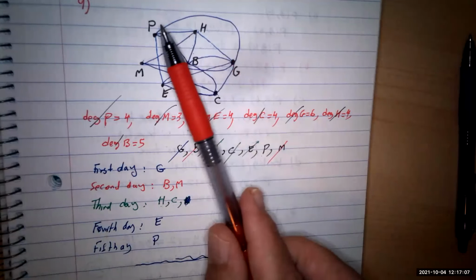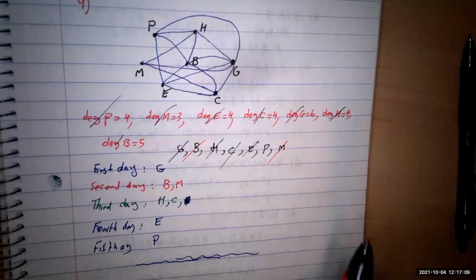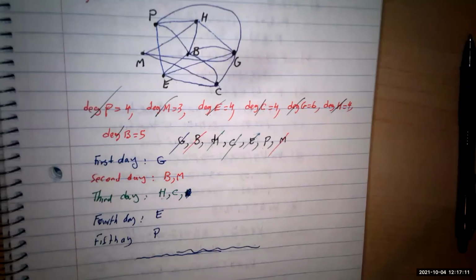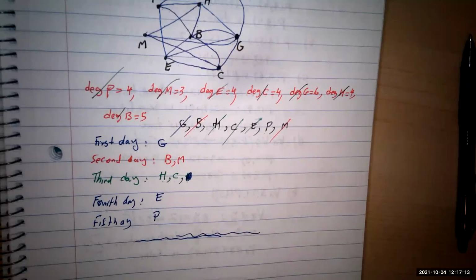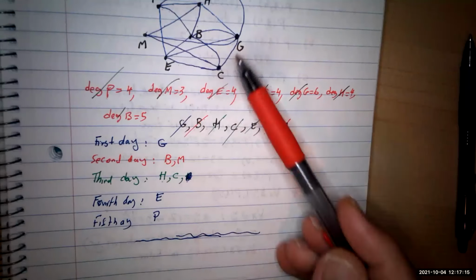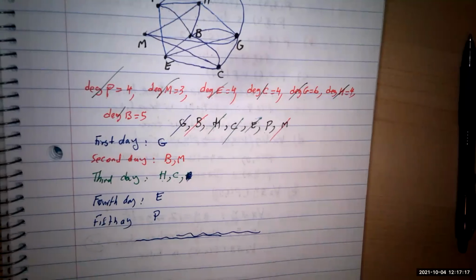Then you have to color it, so that those who are adjacent should have different colors. In this case, the color would be the day of the exam. You may call it Monday, Wednesday, etc.